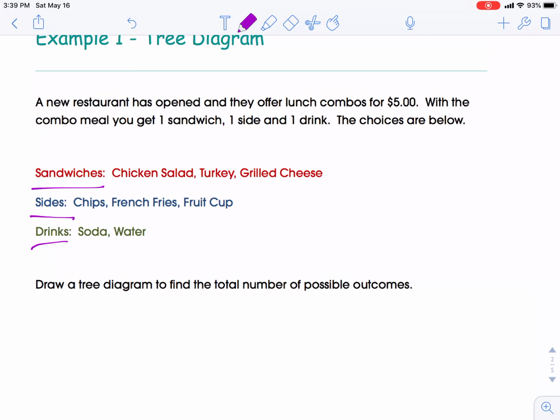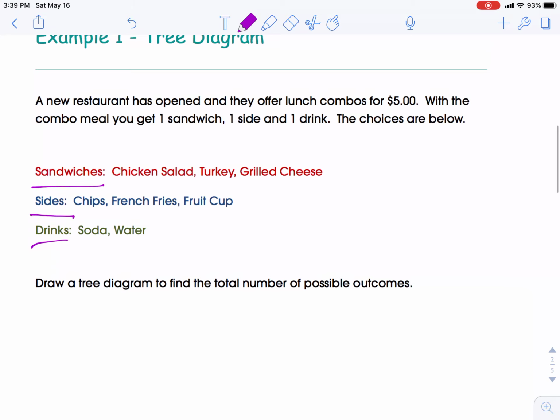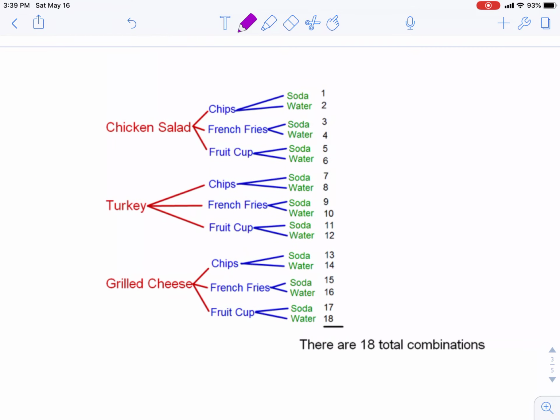So what we're going to do is come up with the possible outcomes based off a tree diagram. Okay? So how we would do this is we would start out with each sandwich possibility: turkey, chicken salad, grilled cheese. And then from there, since from the sandwich to the side we had 3 different sides, from each one we would branch out and do chips, french fries, fruit cup.